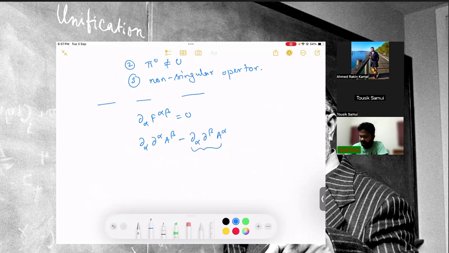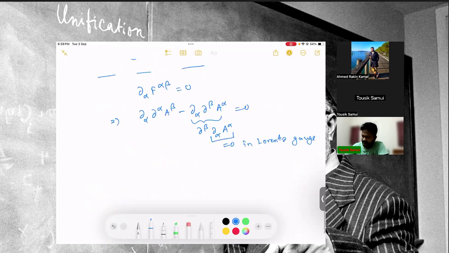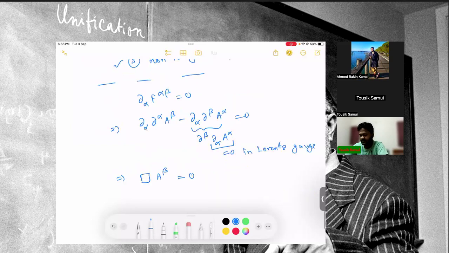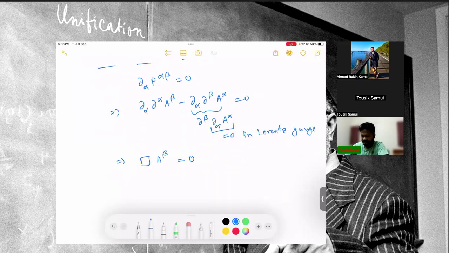Now this term, del beta del alpha A alpha, is 0 in Lorentz gauge. Then in the Lorentz gauge we have a very simple looking equation of motion, which is this. This automatically solves the Lorentz covariance problem and the non-singular operator problem if we choose Lorentz gauge.